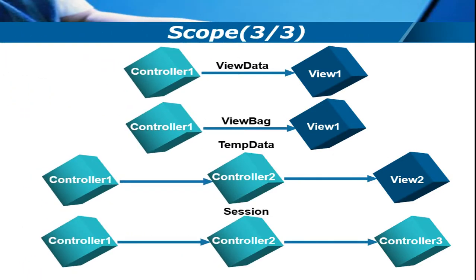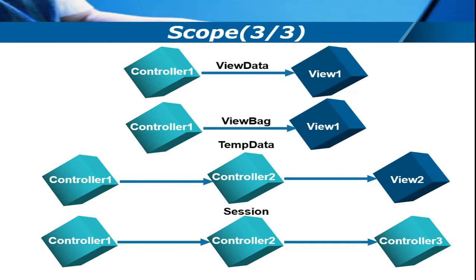So let's see the diagrammatic representation of the scope of every object. For ViewData and ViewBag, the scope is only up to your controller to view. When the view is rendered, your ViewData and ViewBag get destroyed.